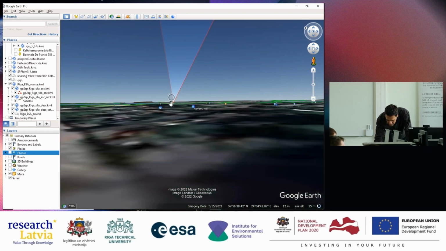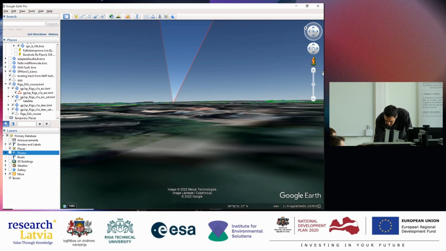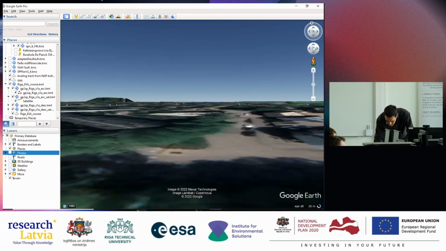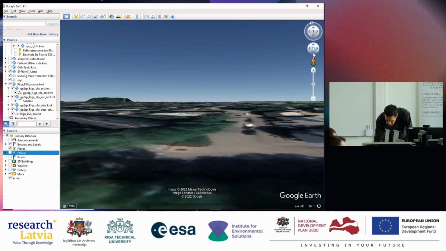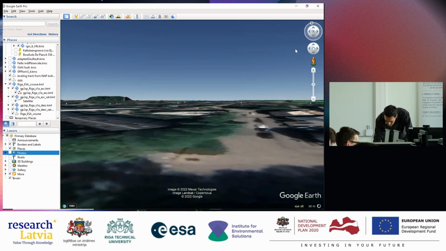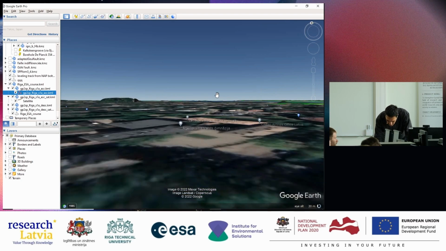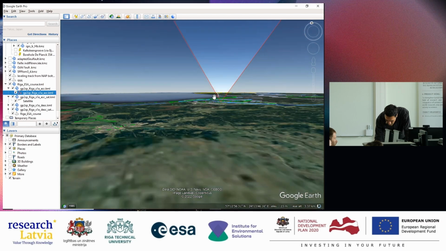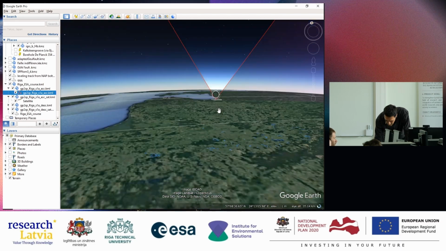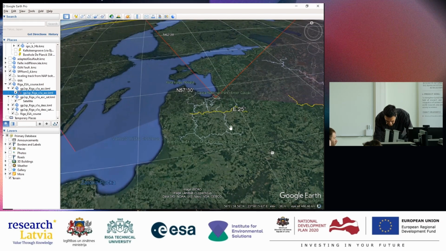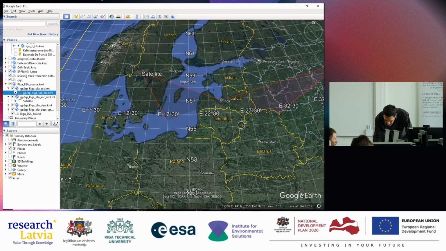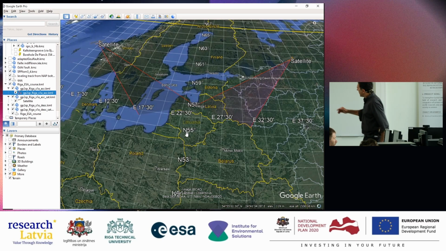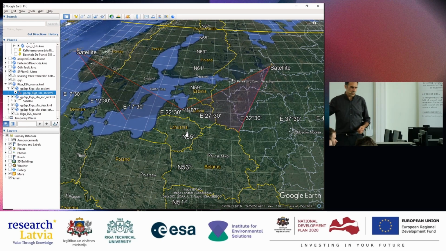Let's zoom out again. This is where the satellites are. So we're looking at the area of interest from two different angles.